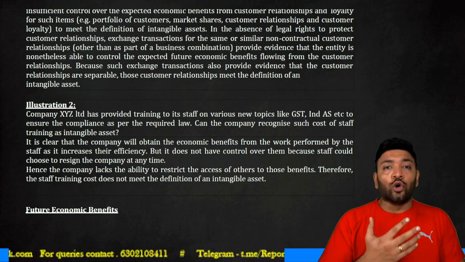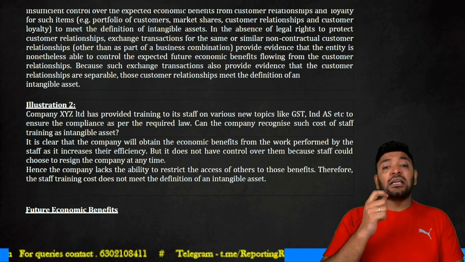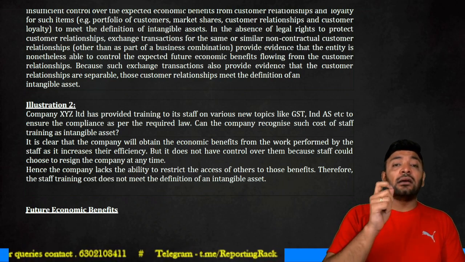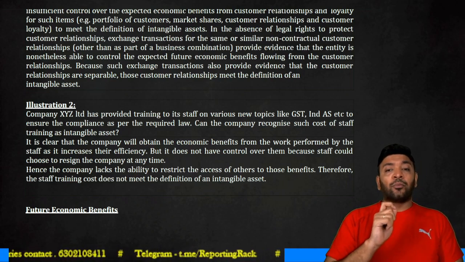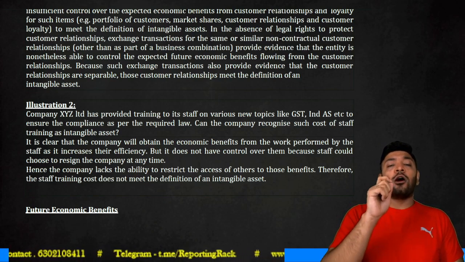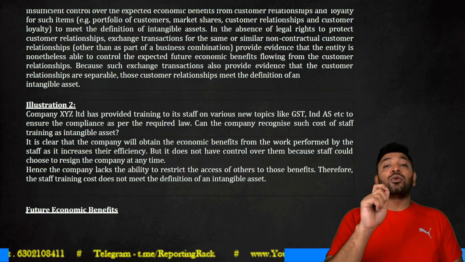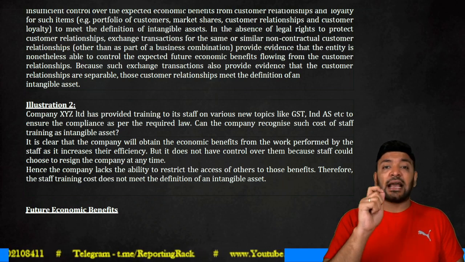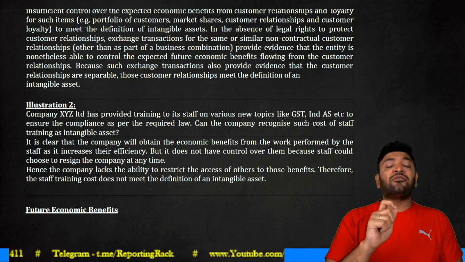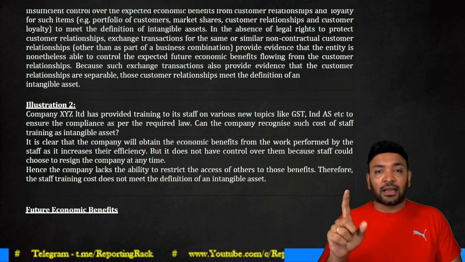The answer is no. Why is that so? Because it is very difficult to contain the skill of the employee. Therefore, since the control of the asset cannot be established, you cannot recognize this particular asset as a separate asset. Therefore, the staff training cost is ineligible to be capitalized.